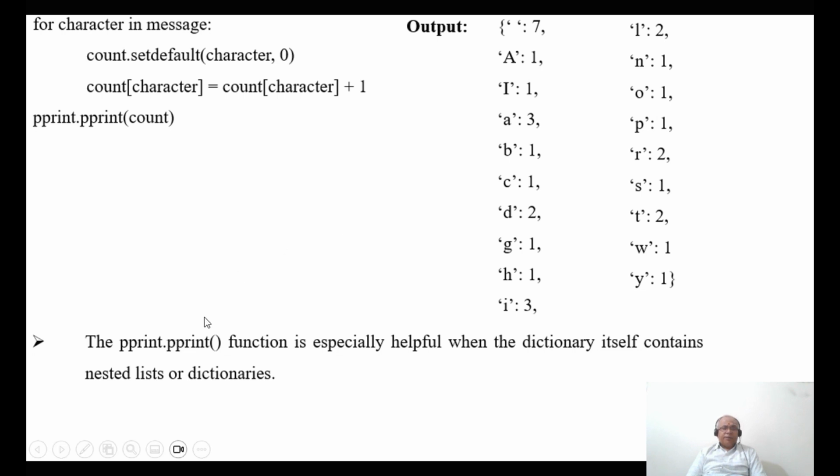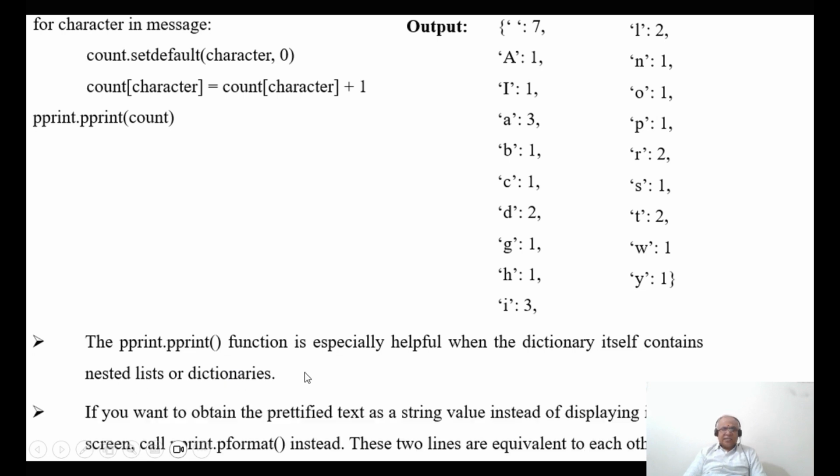The pprint.pprint function is especially helpful when the dictionary itself contains nested lists or dictionaries. If you want prettified text as a string value instead of displaying it on the screen, call the pformat function instead. These two lines are equivalent to each other.